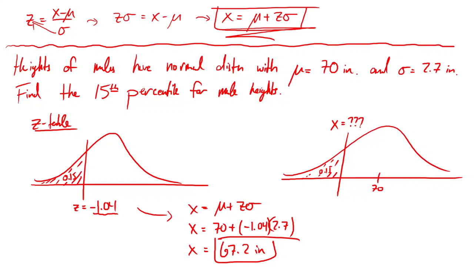Now, there's this other notation which is kind of goofy, but we're going to need it in Module 8, so I'm just going to introduce it and show you how to find it. There's this notation called z-alpha. That's a little Greek letter, a lowercase alpha. I'm going to draw it first.